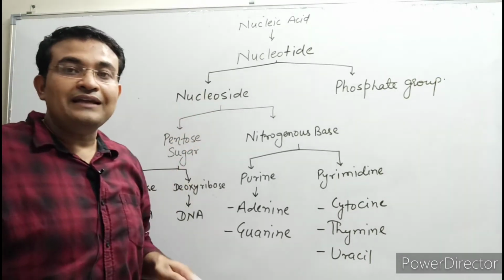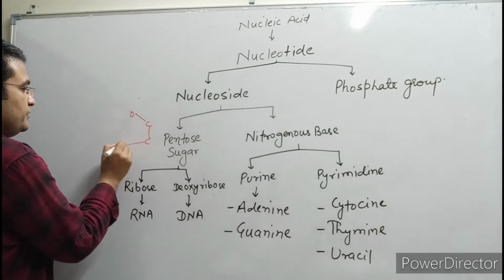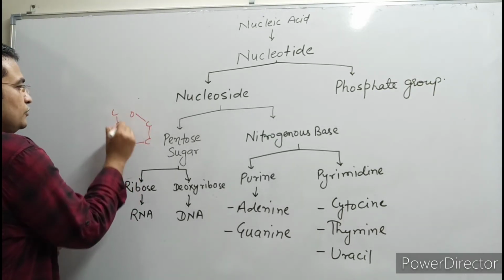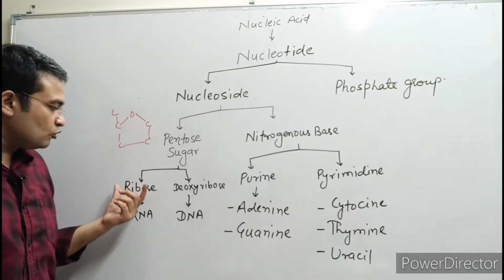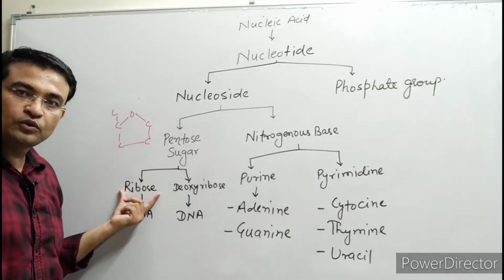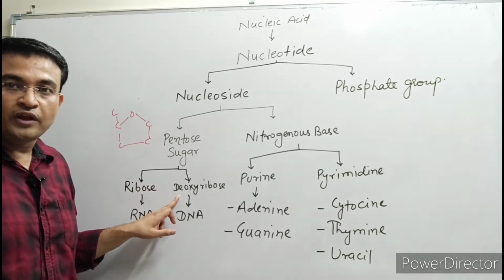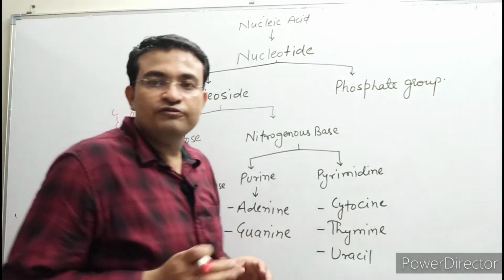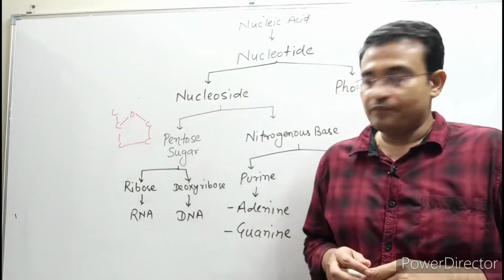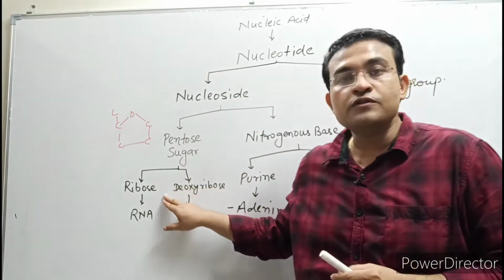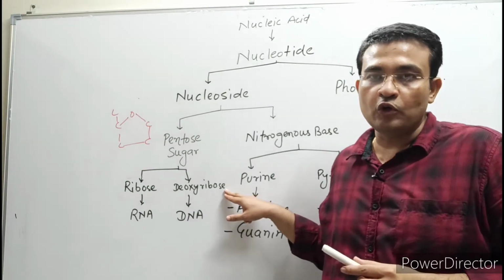Pentose sugar, it means it has 5 carbon. It is a 5 carbon sugar named pentose sugar. And there are two types of pentose sugar. One is ribose pentose sugar and another is deoxyribose pentose sugar. And on the basis of this pentose sugar, nucleotides are divided into two types. One is ribonucleotide and other is deoxyribonucleotides.